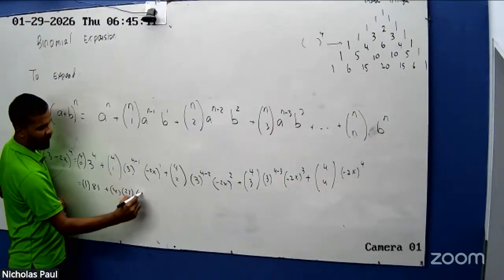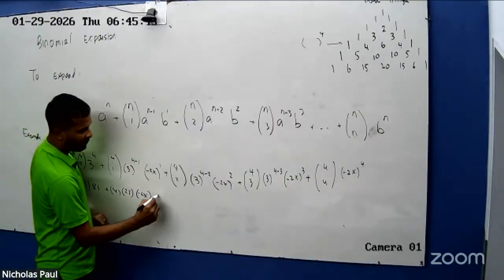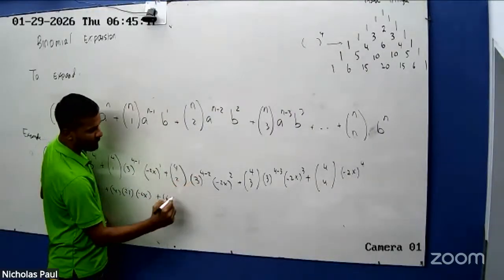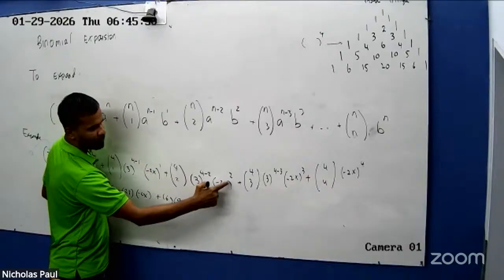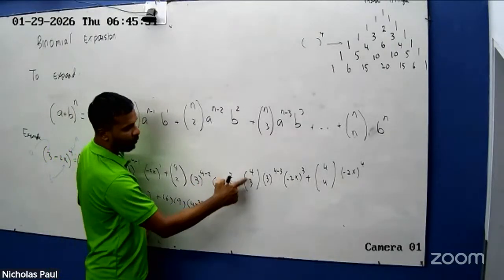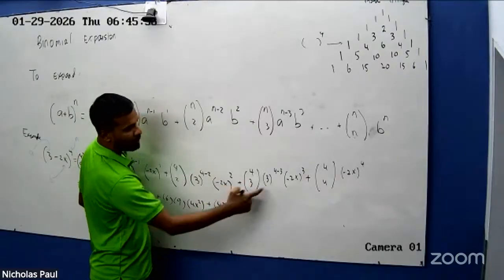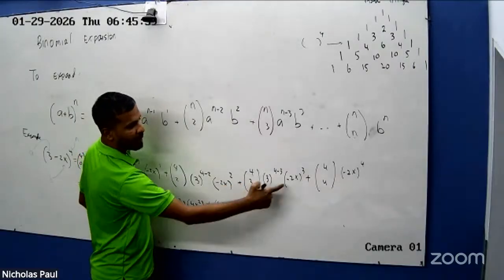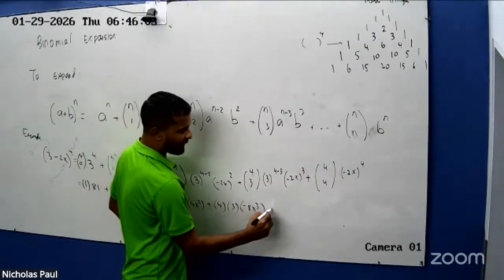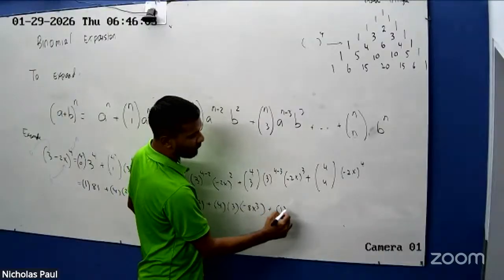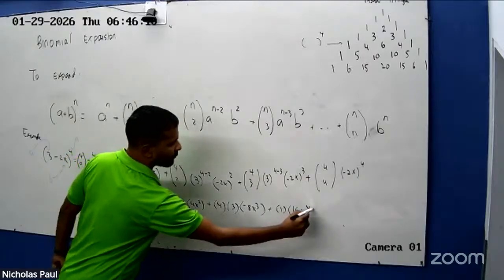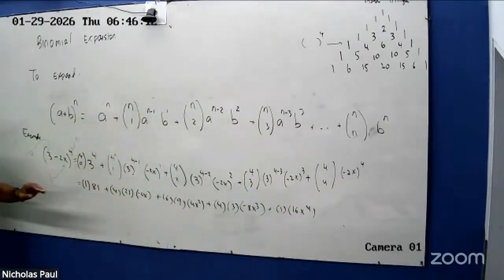And you write back here minus 27. 4C2, you'll see it there. That's 6. 3 to the power 2 is 9. Minus 2x squared is 4x squared. Then 4C3, that's 4. 3 to the 1 is 3. Minus 2x cubed is minus 8x cubed. And lastly, 4C4 is 1 by 16x to the 4th. So you just plug in the values and you're done.